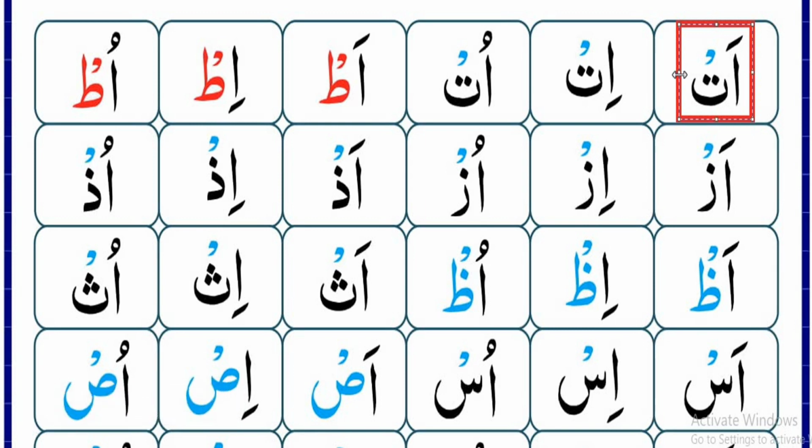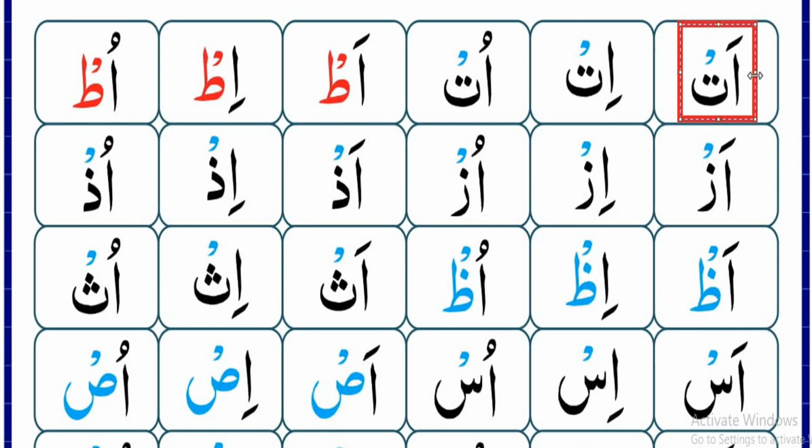For example, if you spell the first letter, that's Hamza Fatha A. But if you want to spell the second letter only, you cannot spell it because Ta Sukoon doesn't make sense. So you have no option but to connect it to the previous Mutaharrika letter.